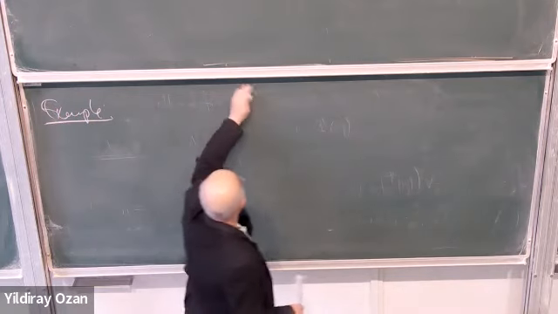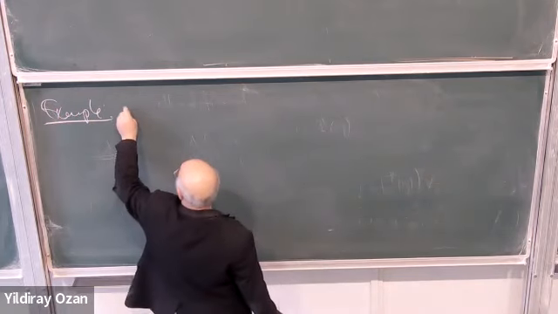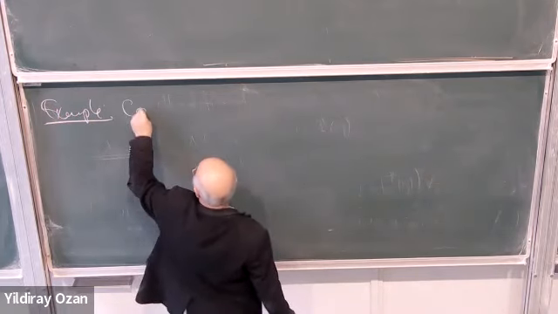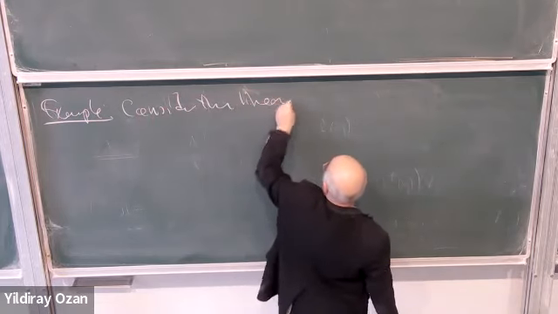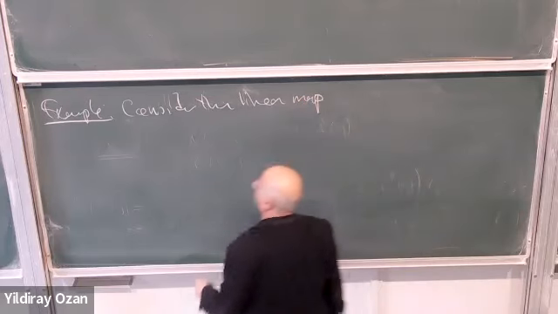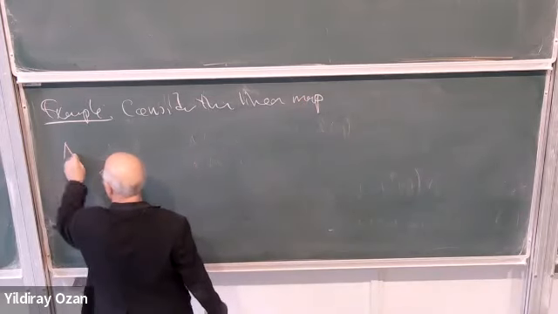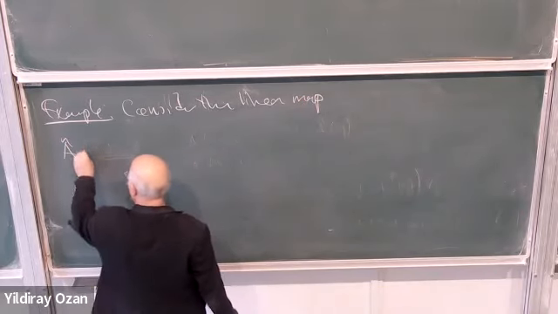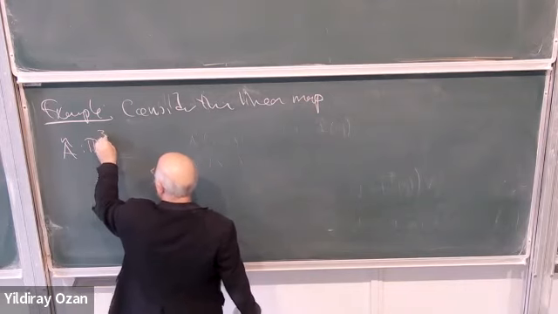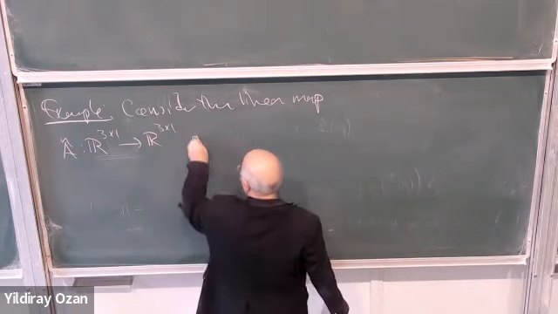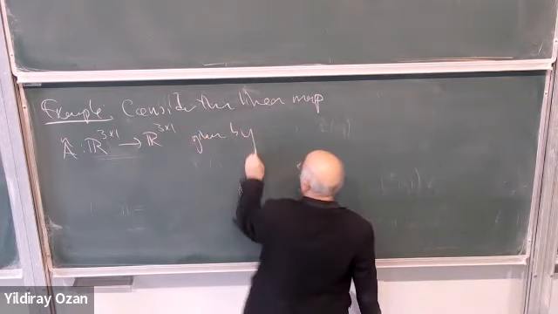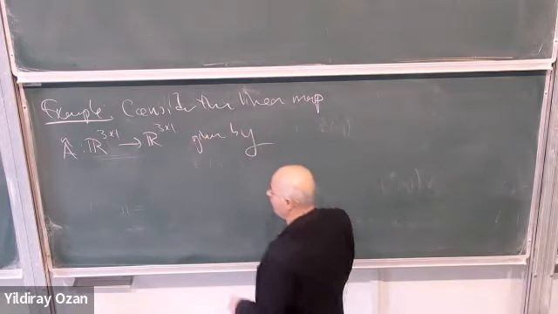Okay. So first is the linear A hat from R3 into R3 given by şöyle olsun.